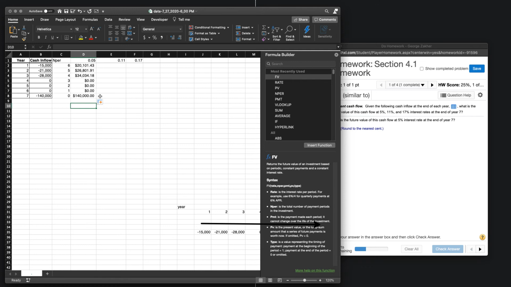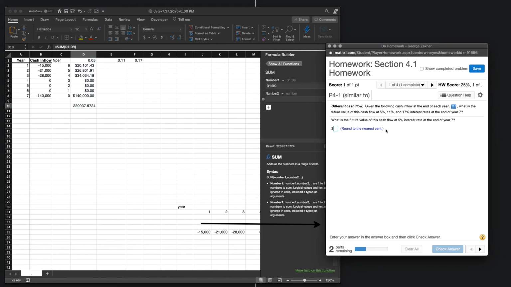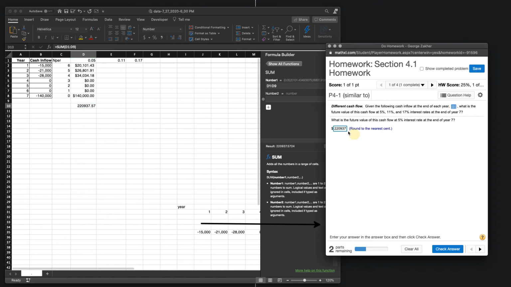In this case, it looks like it's about 220,000, pardon me. If we want to round, of course we can do that. But let's let Excel round for us. And it looks like it's 220,57 cents. Okay, wonderful. And we can go ahead and complete the rest.